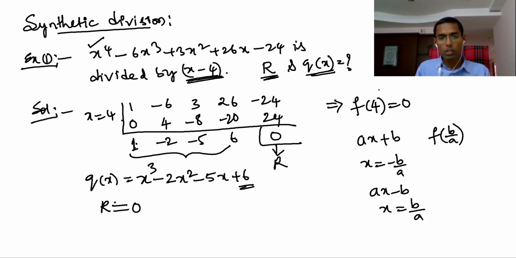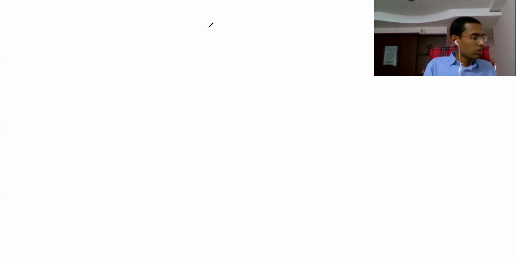Okay, all right. So we are going to take another example. Hope you understand this one. Now let's take another example. We are going to see when f of x is a polynomial of second degree or more.